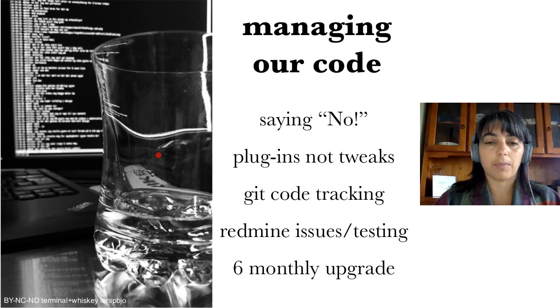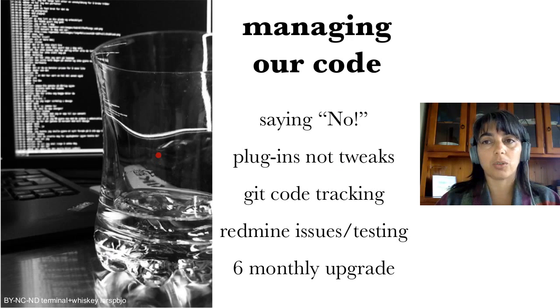We use Redmine to track any of our issues or testing. So this is just like in-house things. Moodle's got its Moodle Tracker. We use this for our queries or requests that our staff have, and also we have our own quality assurance for all of our plugins.